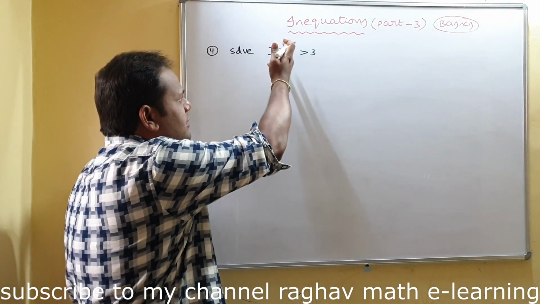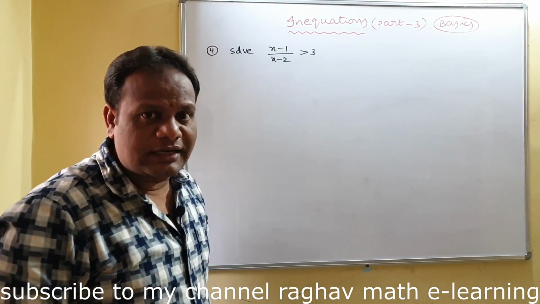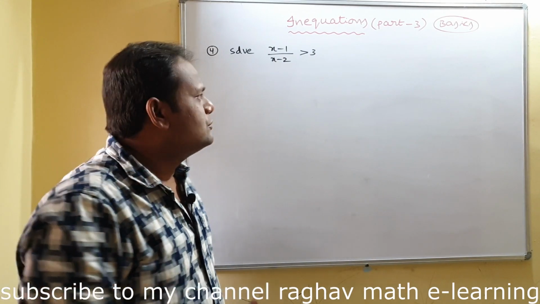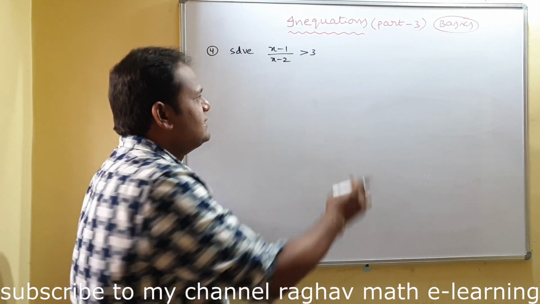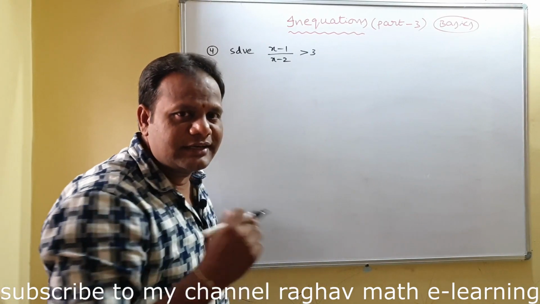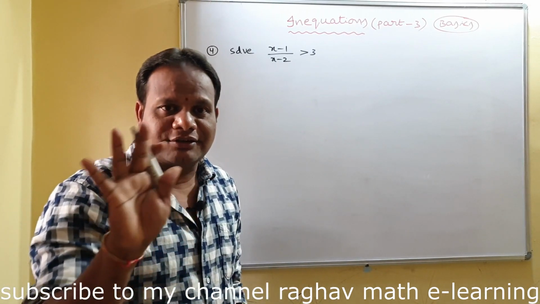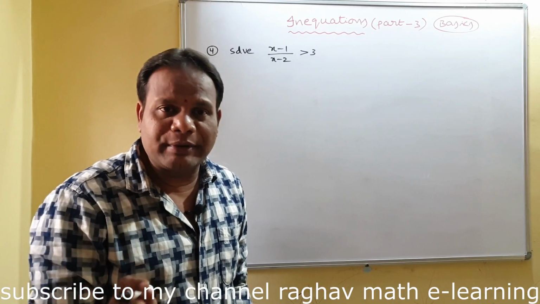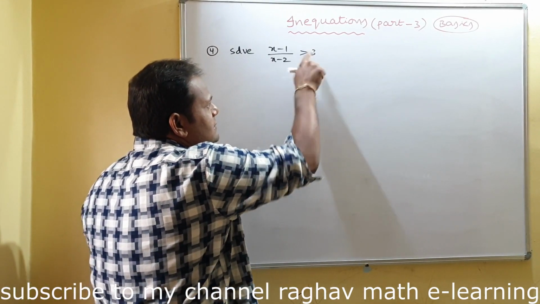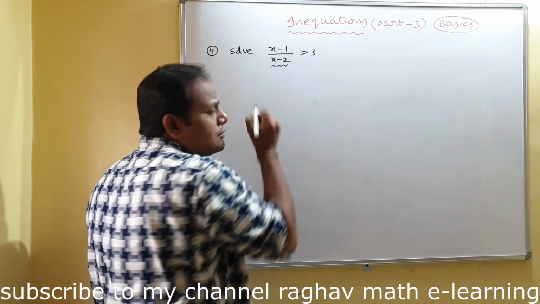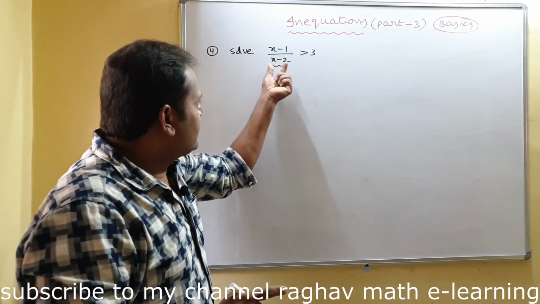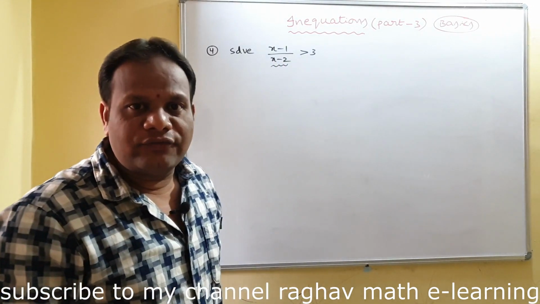Solve x minus 1 by x minus 2 greater than 3. So many of the students, they do cross multiplication and they try to give the answer. That is wrong. You don't do that. Why? Because if you multiply this 3 with this number, first you should know whether this is positive value or negative value.